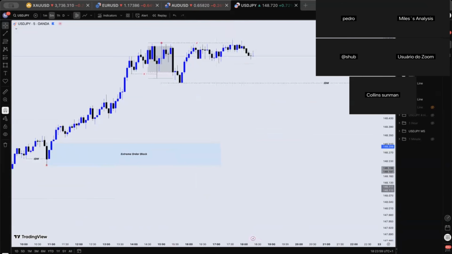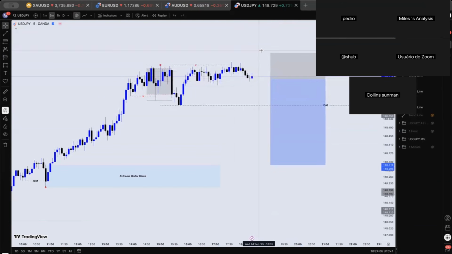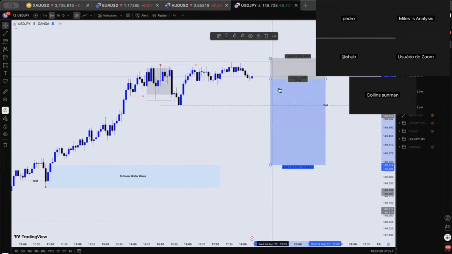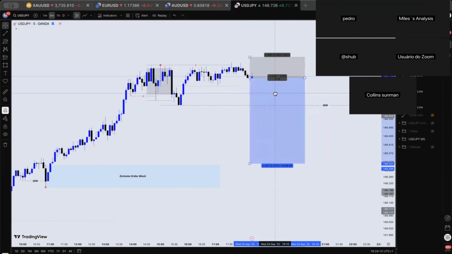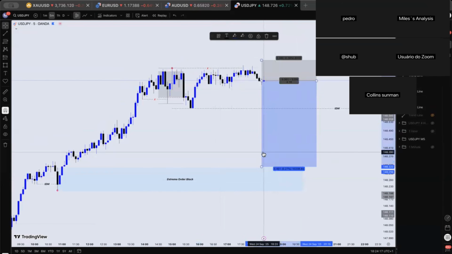So if I'm to look for setups, I'll be looking for a 1 to 4 risk reward, targeting this extreme. And if I can get a 1 to 4, I'll be entering this trade. So this is a trade you can enter based on liquidity taken out at this point, and the extreme point of interest is here.